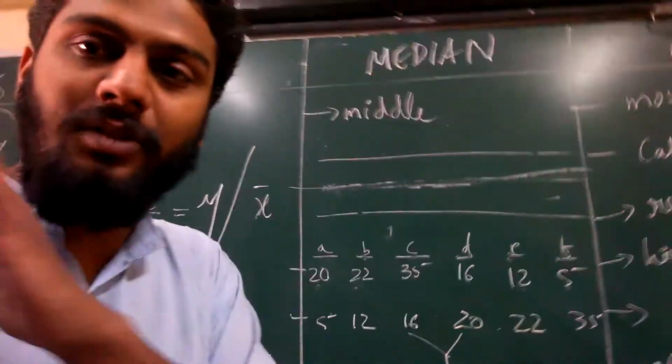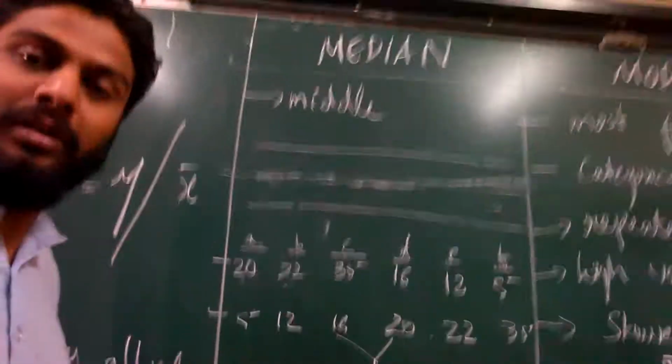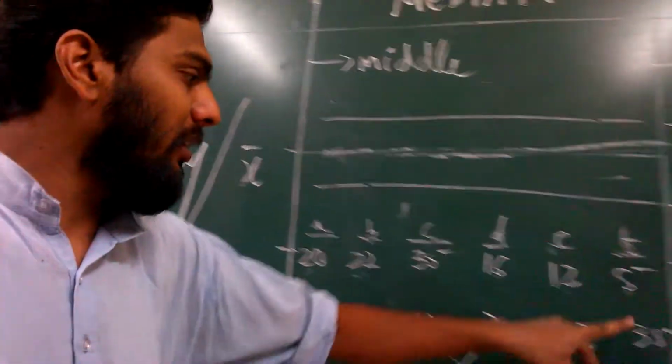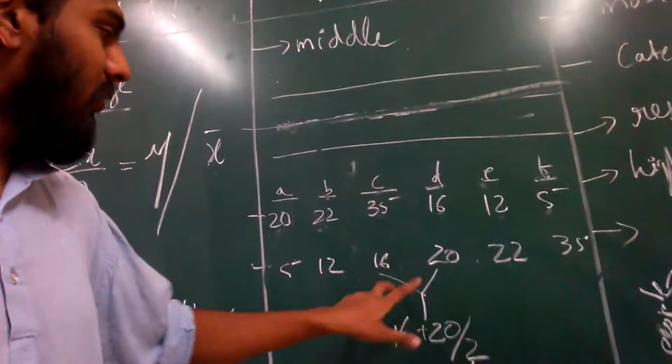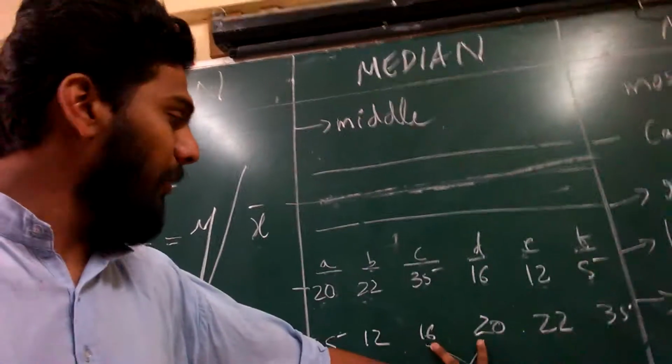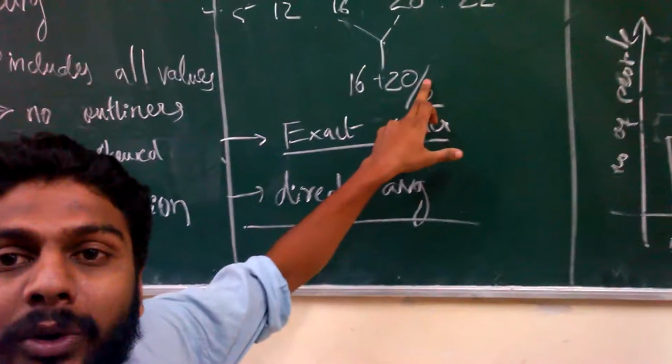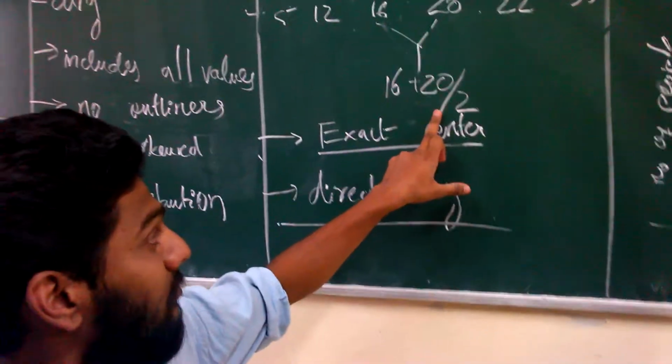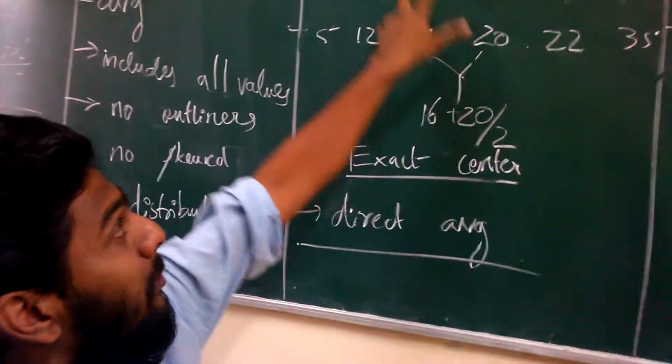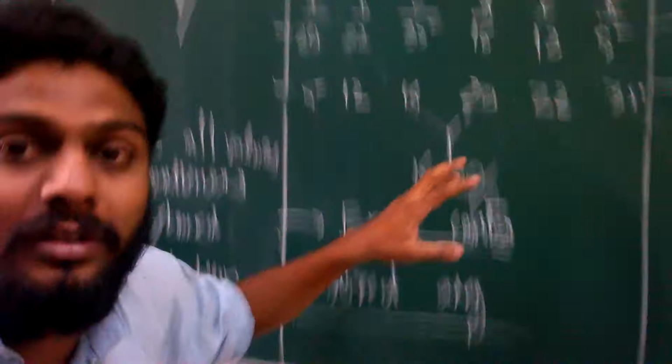So I've rearranged it from smallest to biggest number. I take these two out, I take these two out and come to the central numbers, that is 16 and 20, and then take an average of these two, that is 16 plus 20 divided by 2. That gives me the median of that particular data.